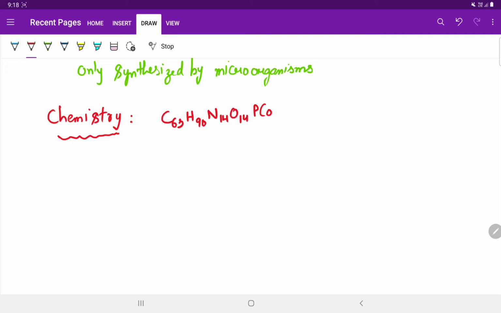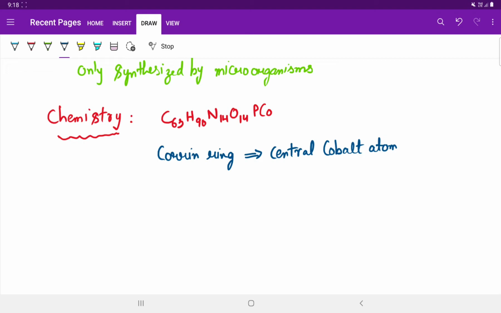So it basically consists of a Corin ring structure, we can say. This is a Corin ring structure with a central cobalt atom. So it is similar to the tetrapyrrole ring structure found in the other porphyrin compounds such as heme and chlorophyll.